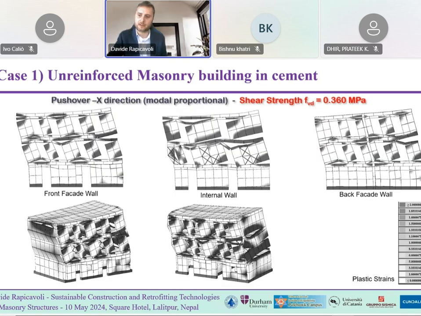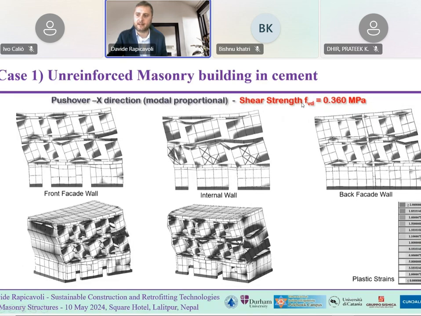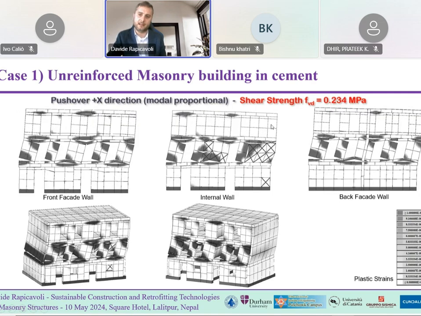The structure was investigated with different levels of shear strength. In particular, when the shear strength is higher, we have in the last floor a rocking collapse mechanism, which does not occur when we have a lower value of the shear strength.